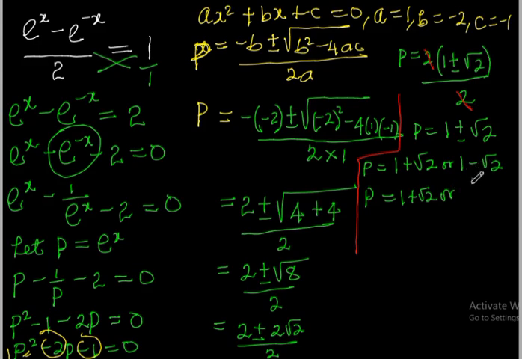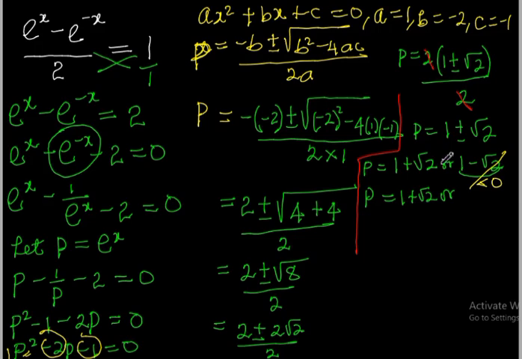Now since 1 is less than root 2, this particular one, 1 minus root 2, is going to give us a value less than 0, and of course it is invalid. How is it invalid?